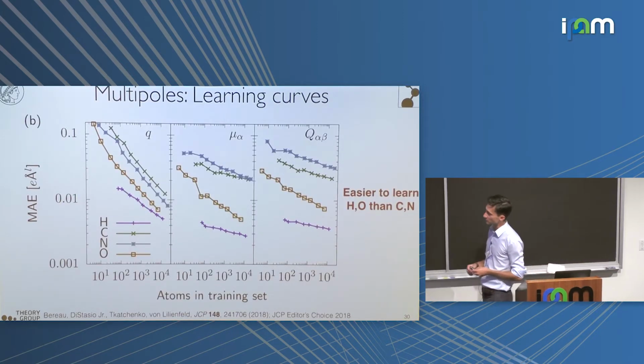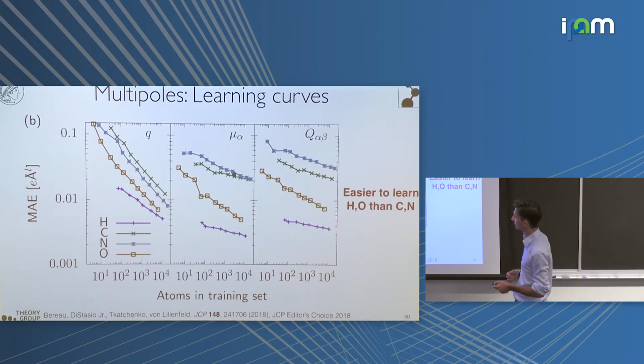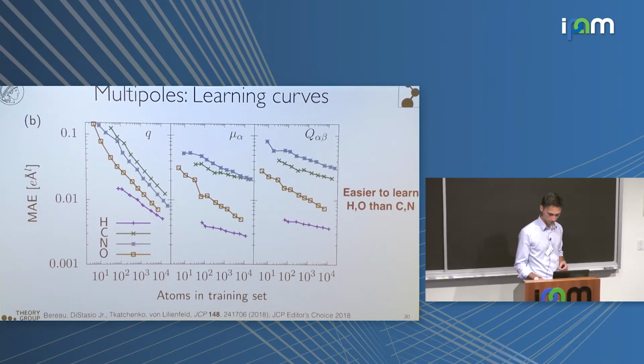And then what you find when you look at learning curves, these are for charges, dipoles, and quadrupoles, is that in general it's a lot easier to learn lower moments, which makes sense because they're simpler objects. It's also interesting in terms of the chemistry that it's typically easier to learn terminal atoms than carbons and nitrogens, and that's probably because of the valency.